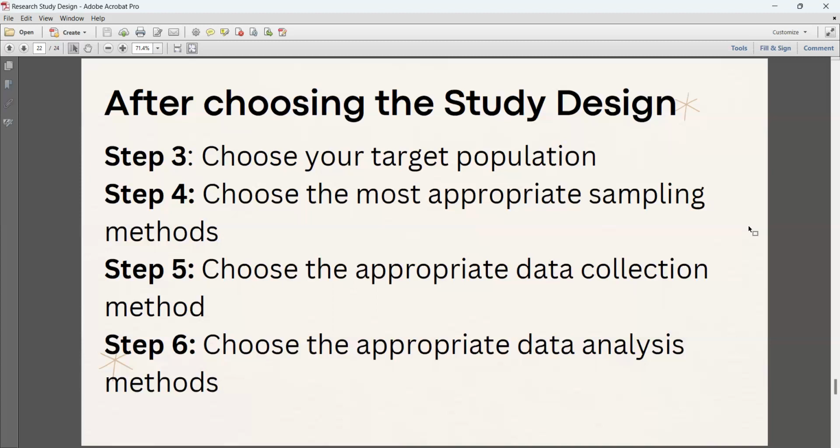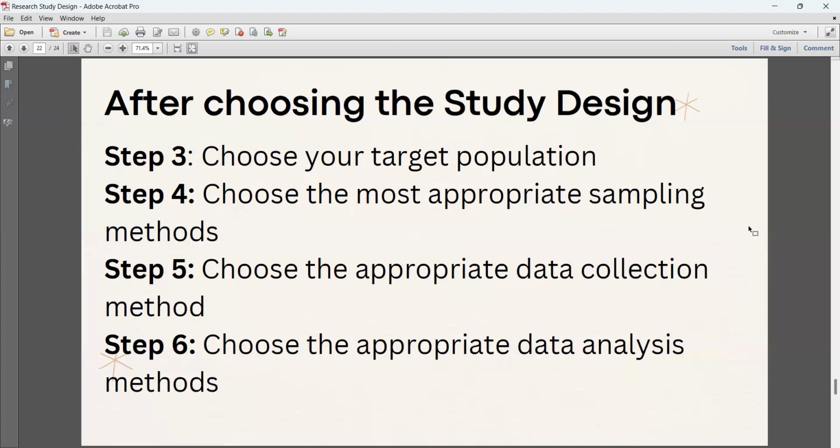For instance, you may come up with a study called a descriptive cross-sectional study. This means, one, the nature of this study is to describe, and two, this study is going to take place at one point in time, meaning it is cross-sectional.